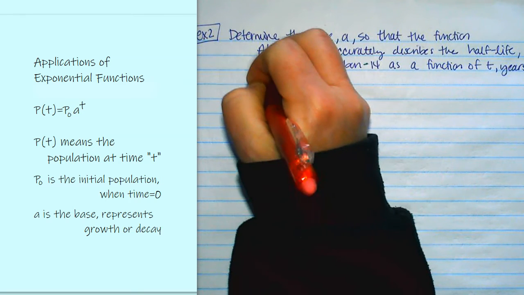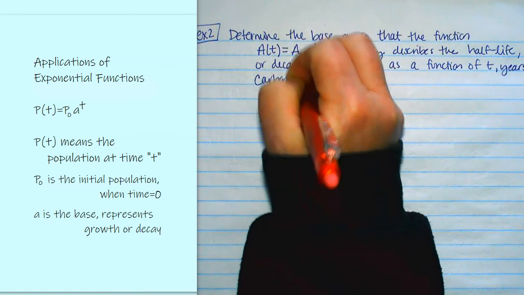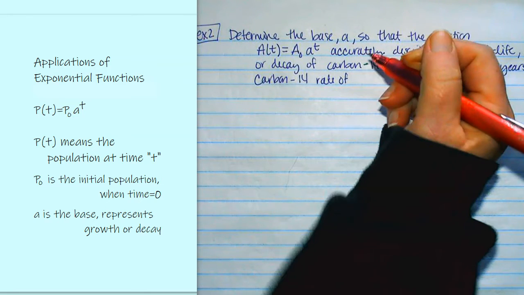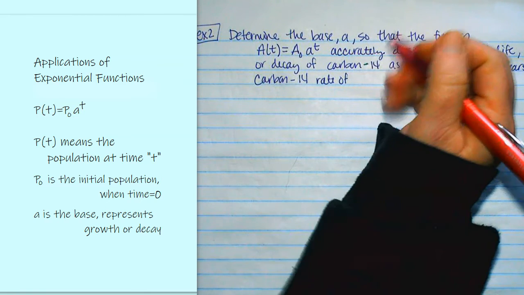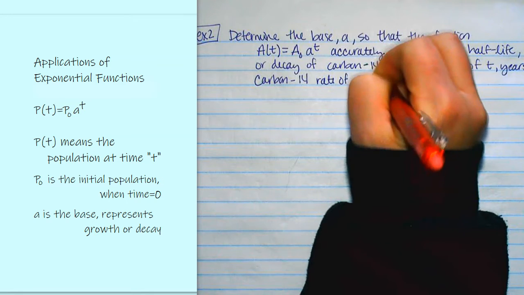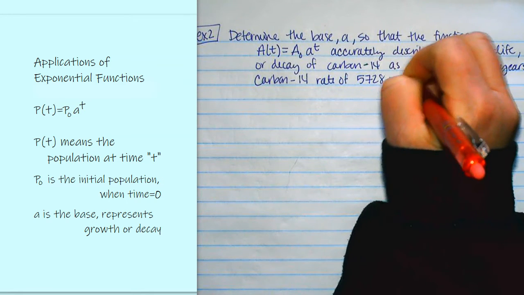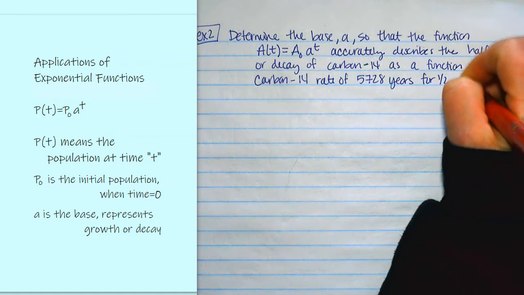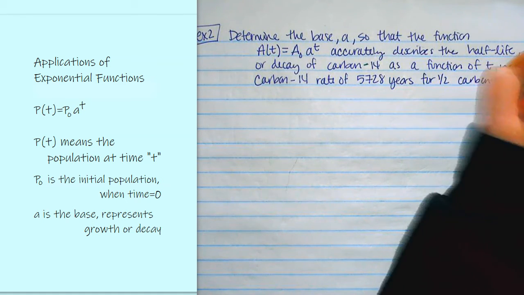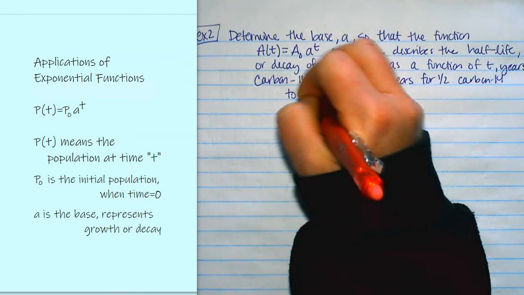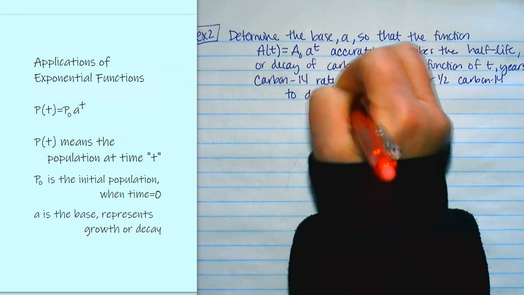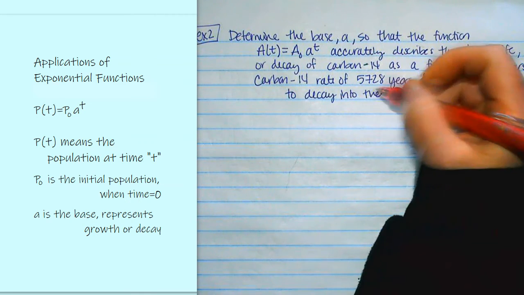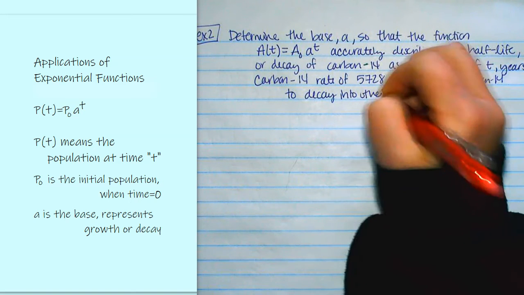So carbon-14 has a rate of 5,728 years for half of the carbon-14 to decay into other elements. I know that sentence uses carbon-14 twice, but it decays into other elements.